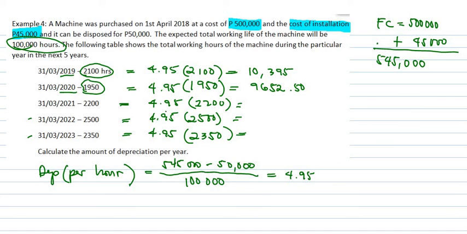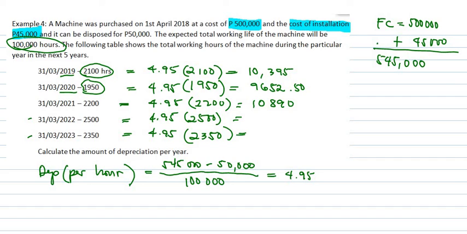When we multiply 4.95 by 2,200, that is equivalent to 10,890, for the year 2021.